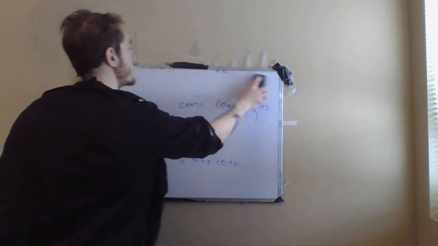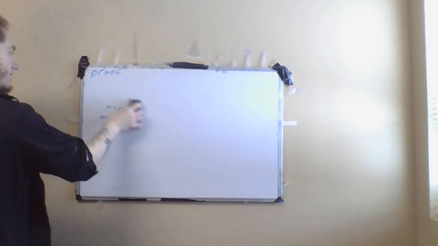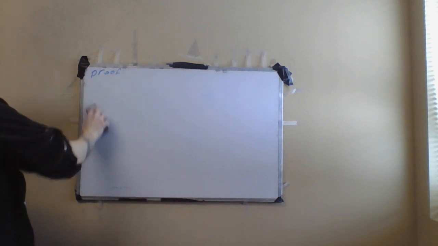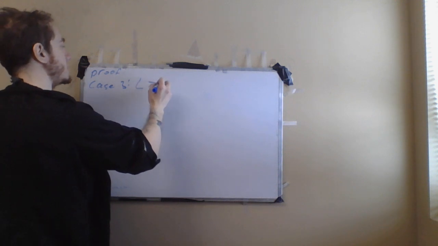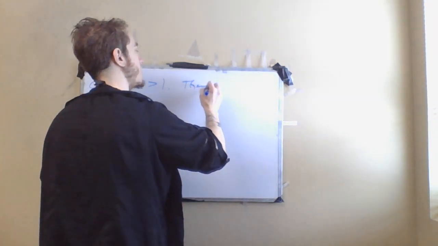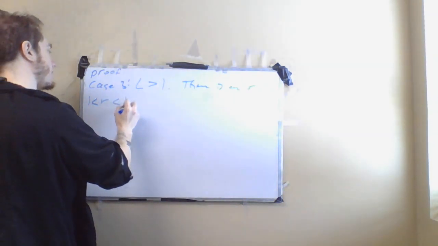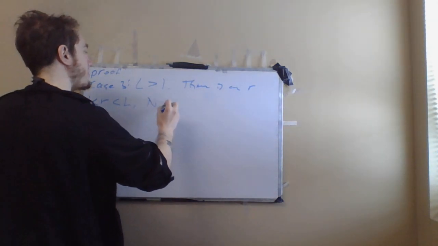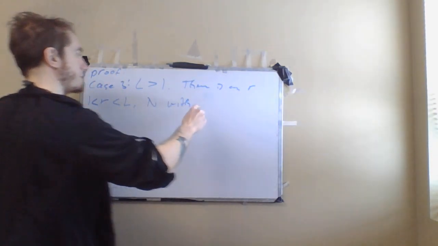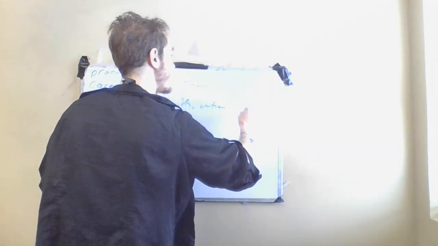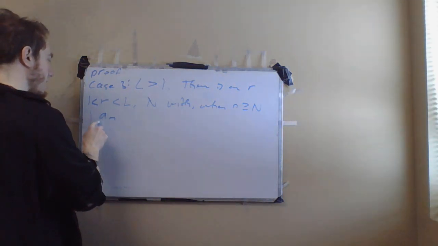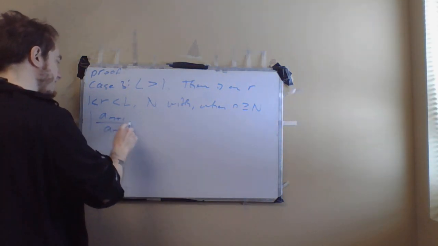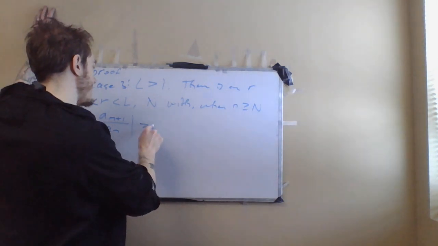Now, the second case that I'm going to deal with is actually case 3 rather than case 2, simply because it's so similar. So case 3, L is bigger than 1. Then there is an r with 1 less than r less than L, and there is a capital N such that when little n is bigger than or equal to capital N, the absolute value of a sub n plus 1 divided by a sub n is going to be bigger than r.